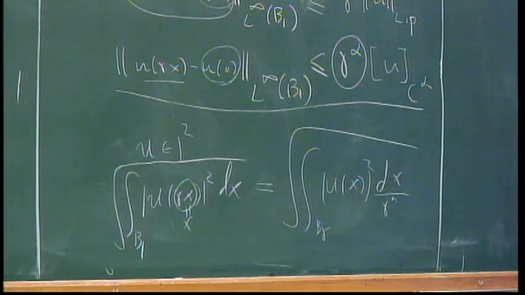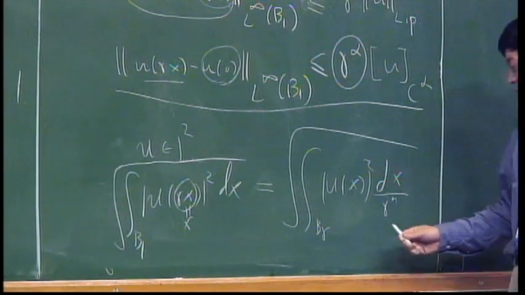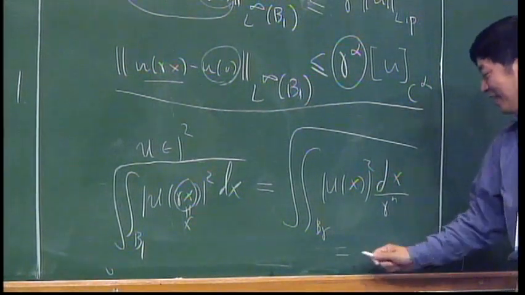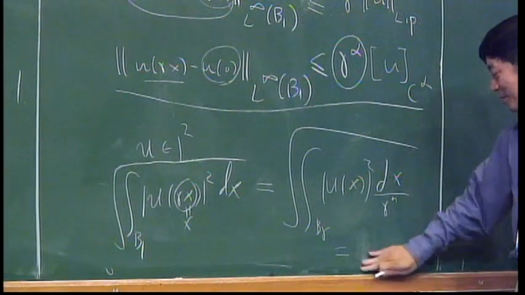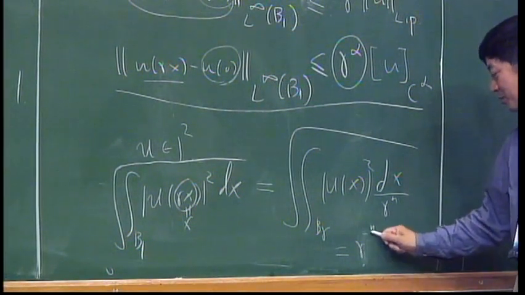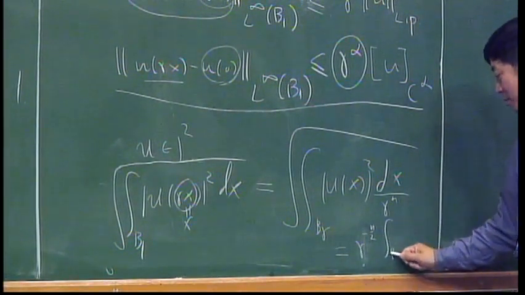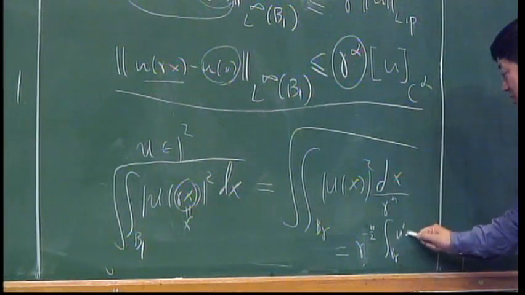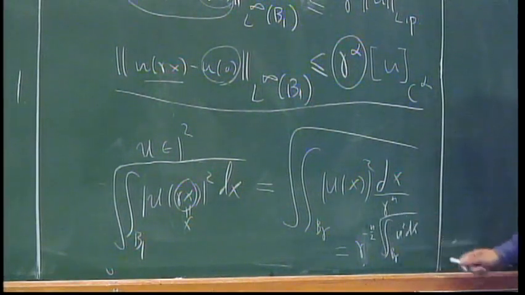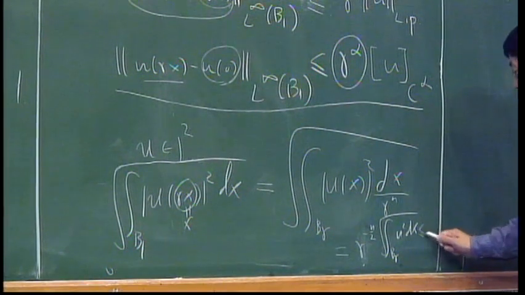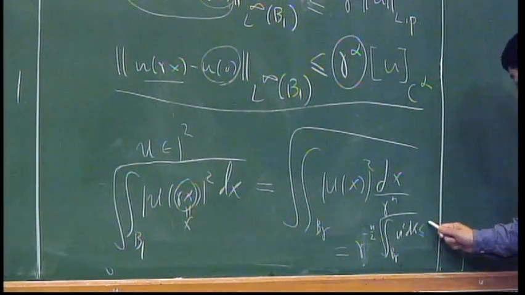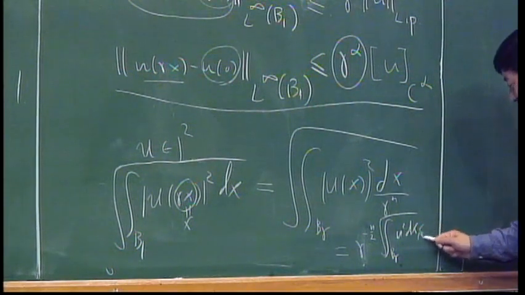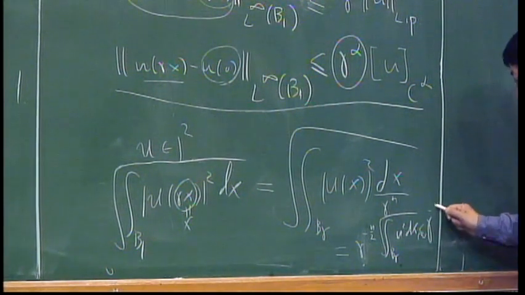So then, what can you say? This exactly equals 1 over r to the n over 2, or rather r to the minus n over 2, times the integral over ball r of u squared dx, square root, right? Then this is less than or equal to, people warn me I shouldn't do this, but up to a constant, r to the minus n over 2.